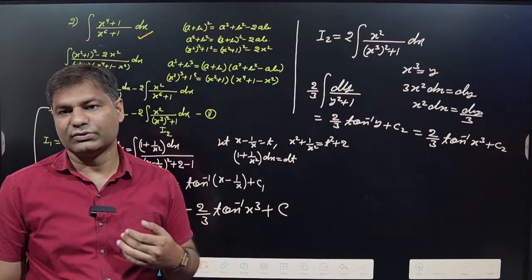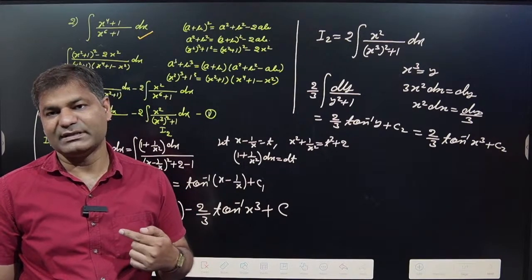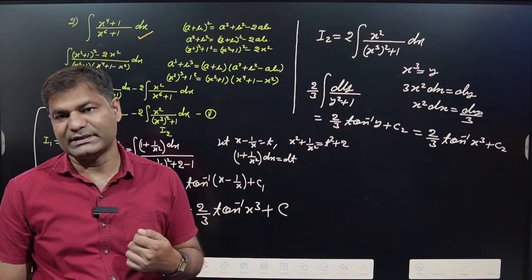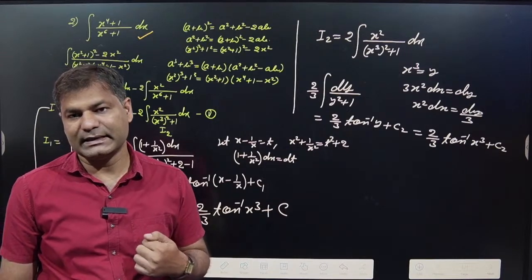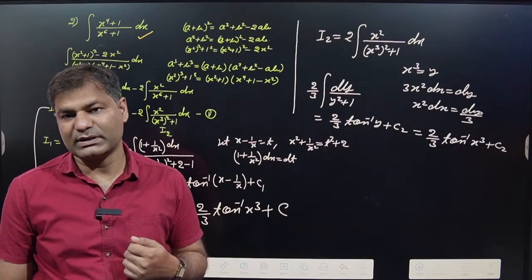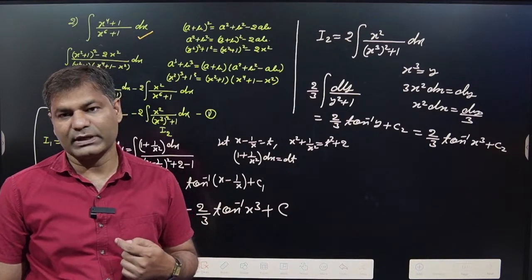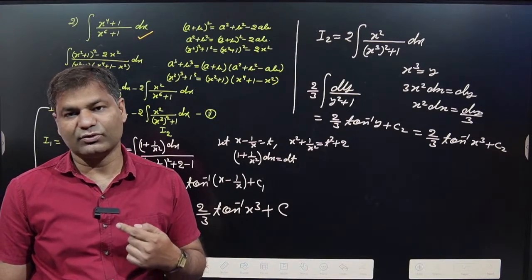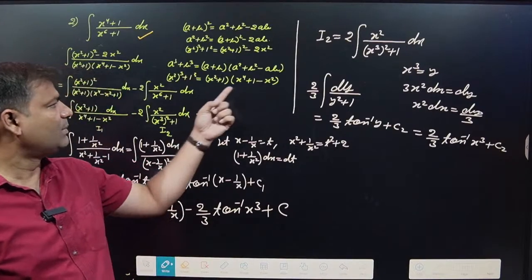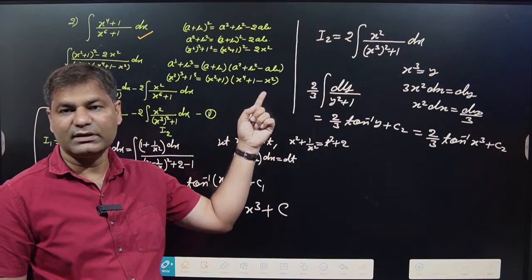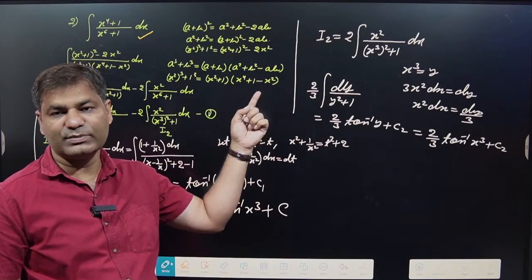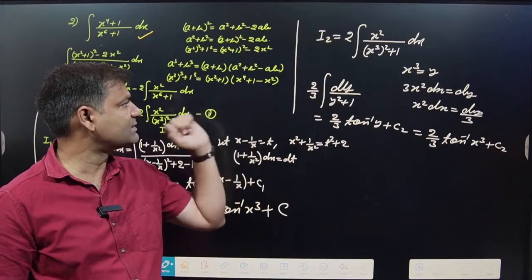So a is x square and b is 1. So a plus b means x square plus 1, into a square plus b square, a square means x square to the whole square, basically x to power 4, plus 1, minus a into b. So a is x square and b is 1, so simply x square.